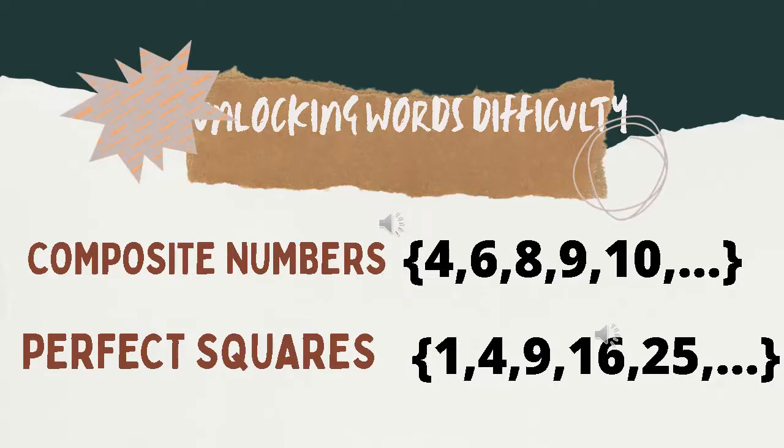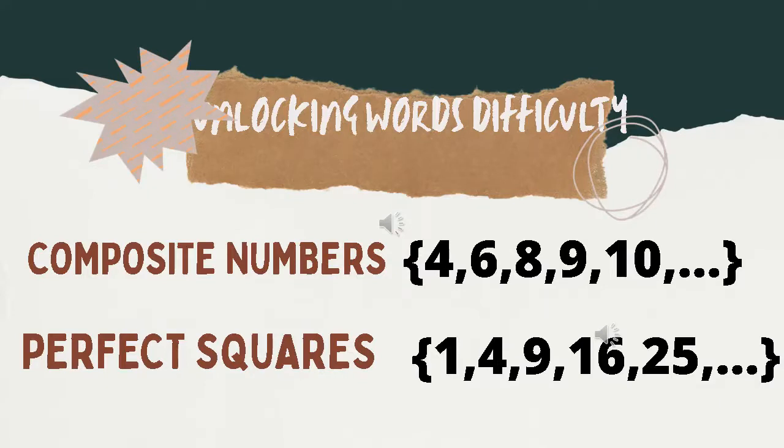For example, si 4, hindi lang 4 times 1 ang kanyang factor, kundi meron din siyang 2 times 2. Halimbawa, si 6, hindi lang siya 6 times 1. Pwede rin siyang 2 times 3.